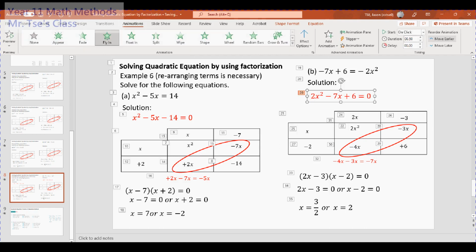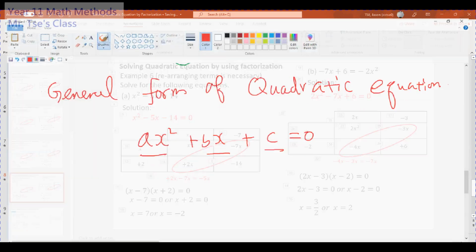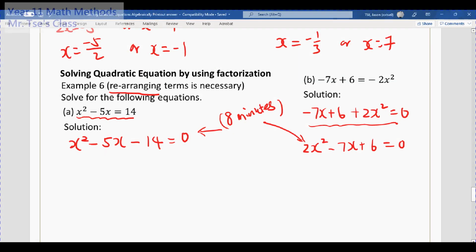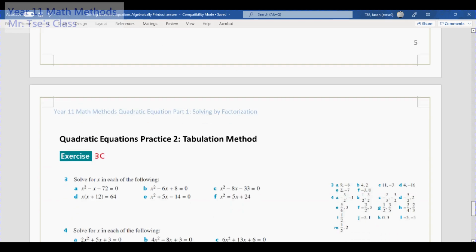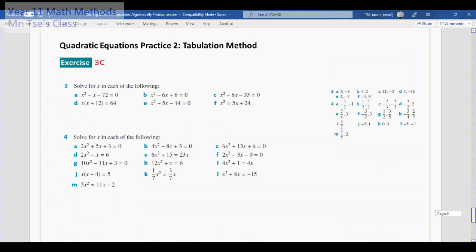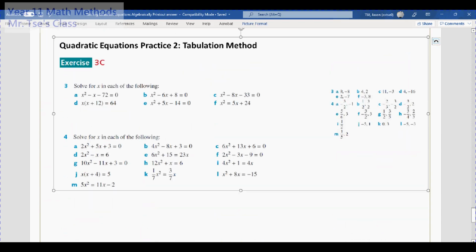I should move it much earlier. I need to do it now, otherwise I just forget. Yeah, so that's it. All good. And that's practice 2.